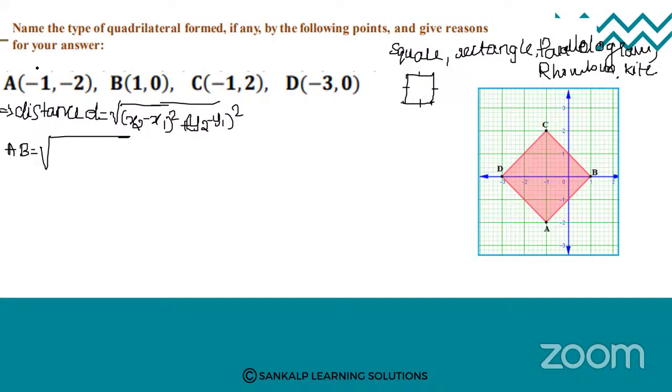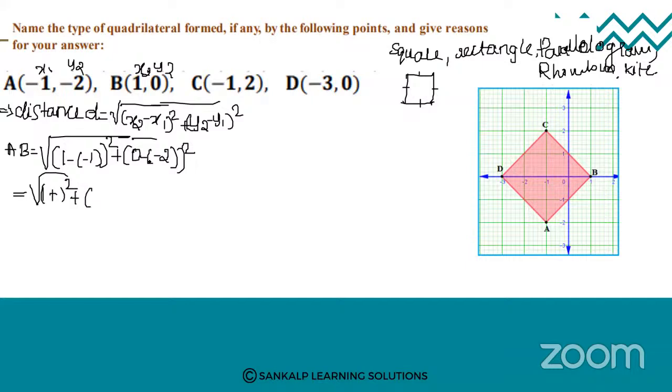So this is x1, y1 and this is x2, y2, right? Now the x2 value is 1 minus of minus 1 whole square, plus the y2 value is 0 minus of minus 2 whole square, right? Now 1 minus of minus 1 means 1 plus 1 whole square, plus minus into minus is plus 2 whole square.